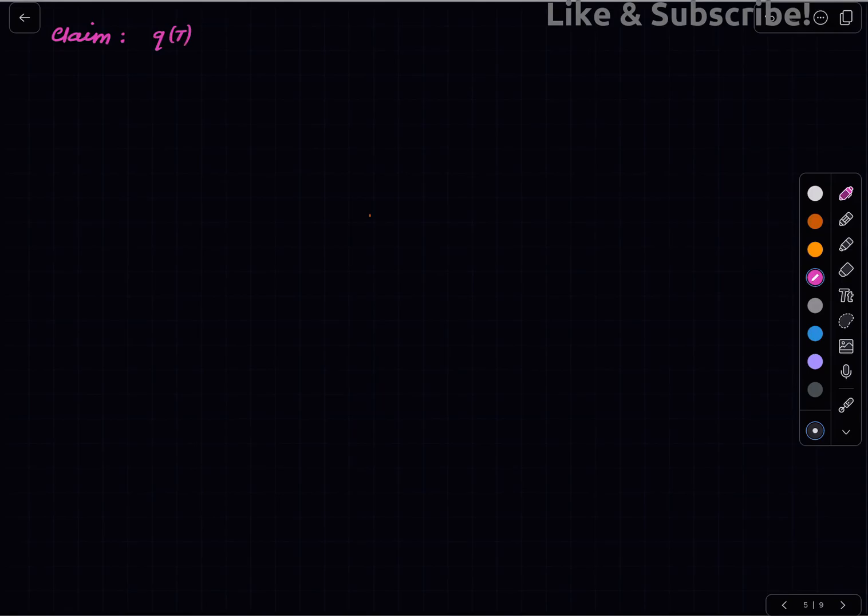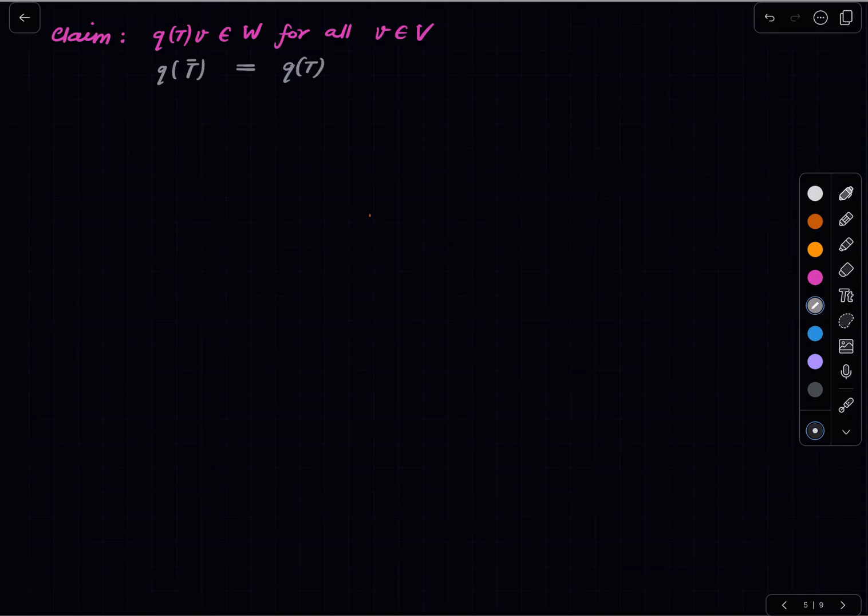The claim is that Q(T) of v is in W for all vectors v in the vector space V. Why is this? So we have Q(T bar) equals Q(T) whole bar, as we just observed on the previous page. But Q is the minimal polynomial of T bar, so the left hand side is 0.